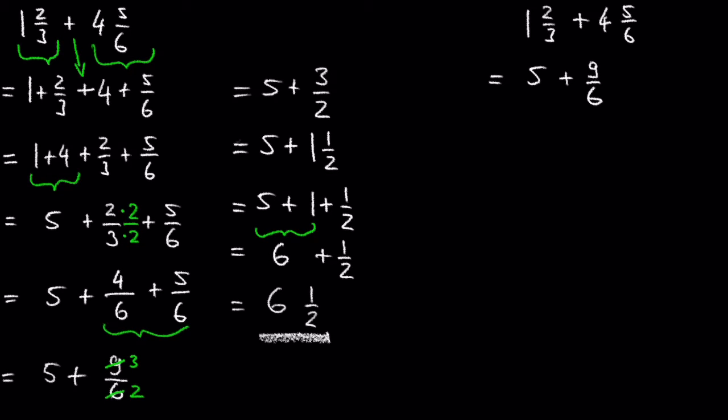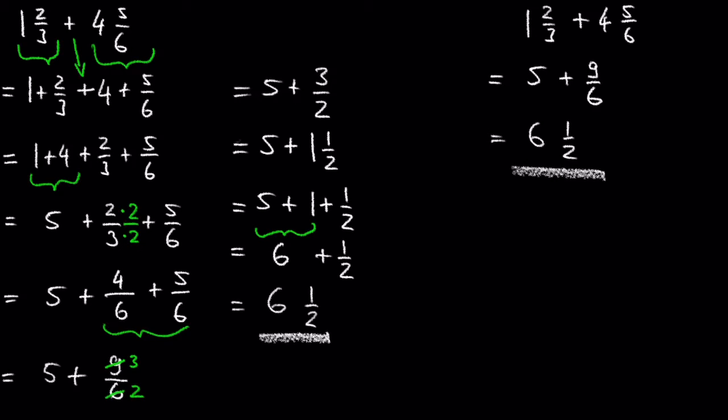Remember, 9 over 6 is equal to 1 and 1/2. 5 plus 1 and 1/2 is 6 and 1/2. It's really very simple, so do your exercises to get used to problems like this.